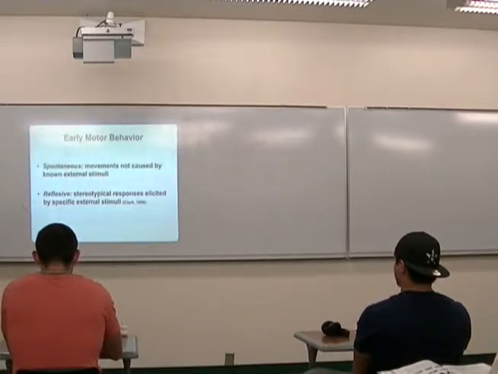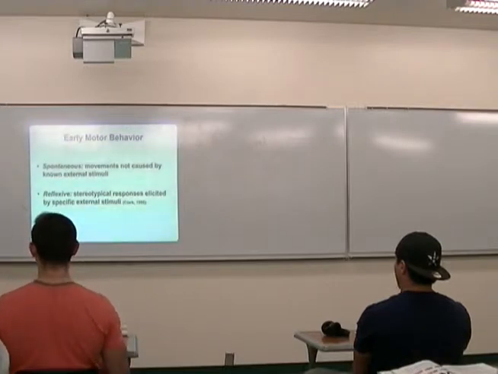One of the things that's different is that when the baby kicks, the hip joint, the knee joint, and the ankle joint all flex and extend at the same time. Whereas when we see adult walking, they contract and change in sequence to each other.